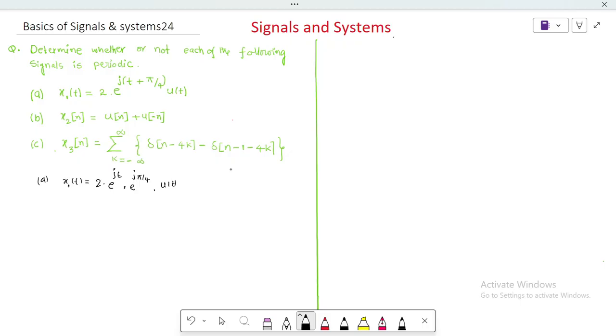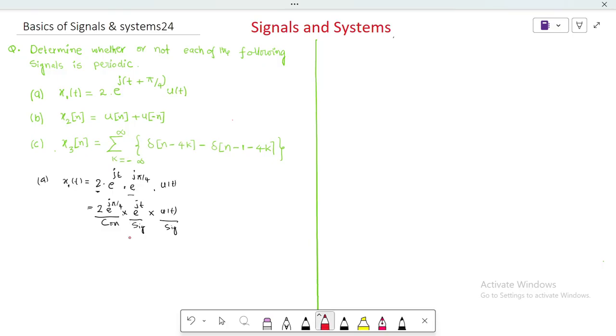So these are constants. In the simplification, 2 into e power j pi by 4 into e power j t, multiplication, again multiplication u of t. So this is the constant, and this is also a signal.